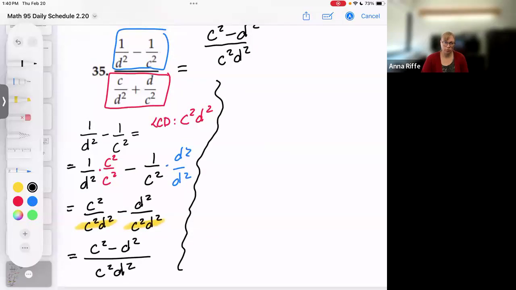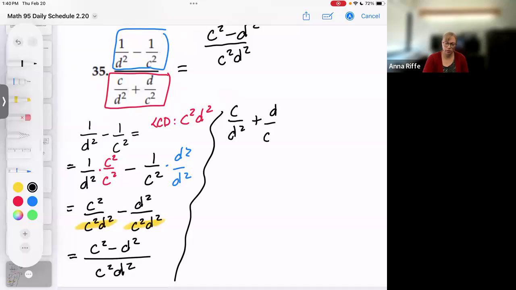Okay, now Kanisha, we're moving to the bottom. So I want to note that if I have c over d squared plus d over c squared, I want to write those as a single fraction. So I want to find my least common denominator.